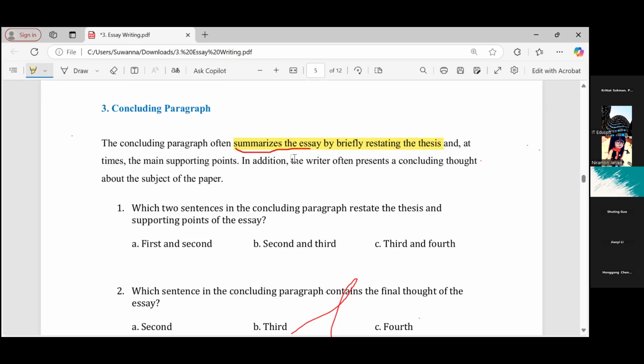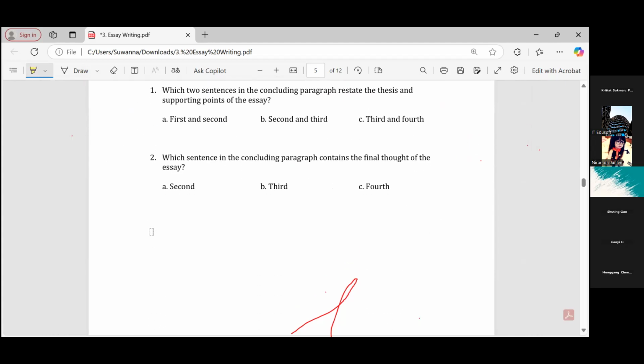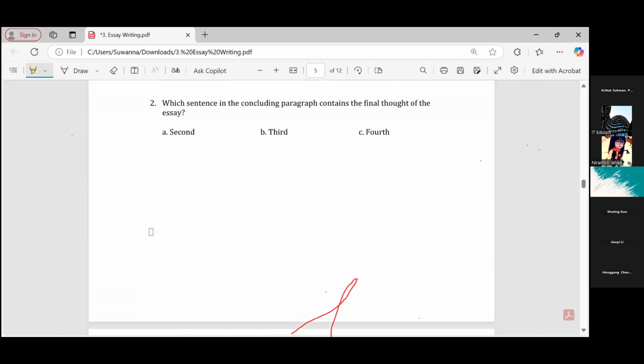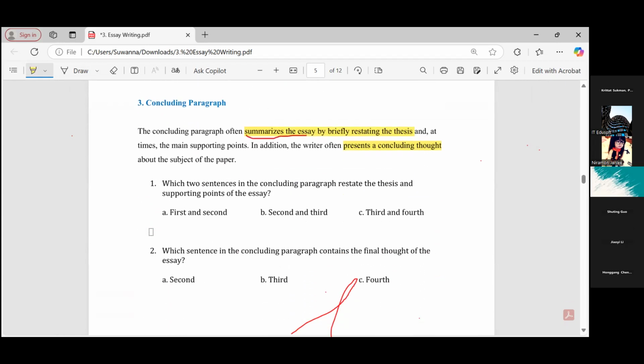In addition, the writer often presents a concluding thought about the subject of the paper. Besides the summary, it is also a good idea to include your own thoughts in your essay. Now, to check your understanding, can you complete these exercises?